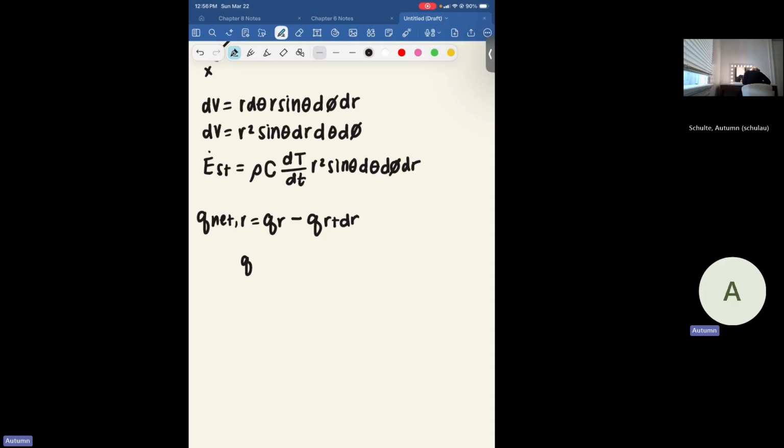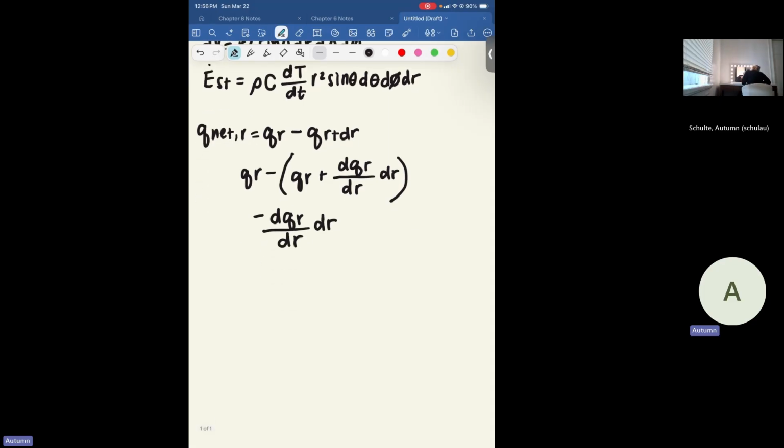So this is going to be Qr minus the heat flow at some position r plus the derivative at that position r with respect to r times dr. Simplifying this, we'll find this is negative the derivative of the heat flow at r with respect to r times dr. And just as we did before, we can substitute in Fourier's law for this Qr.